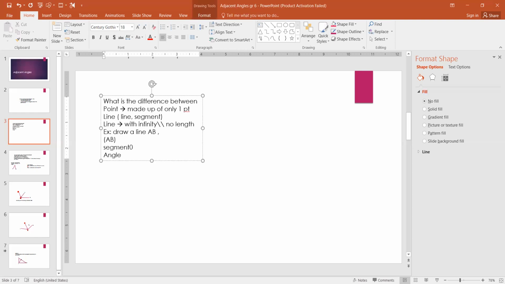While the segment has a limited length. As an example, draw a segment AB of length 2 centimeters.